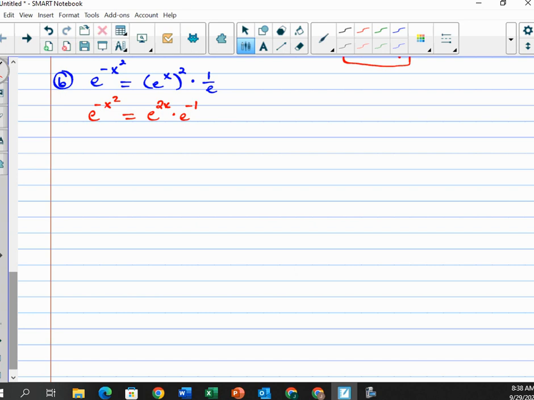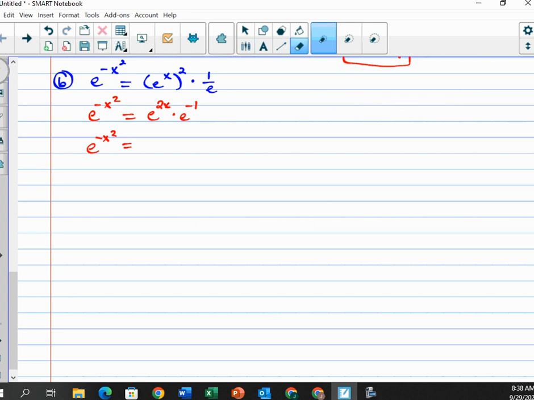All right, left side, e to the negative x squared. How can I condense on the right side? Those have the same base. No, add them. So 2x minus 1. Guys, think about it. If I had x cubed times x squared, that's x to the 5th, right? Because I added.